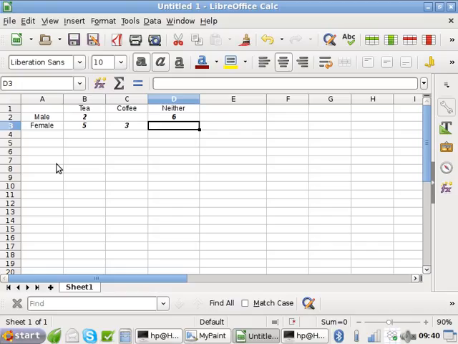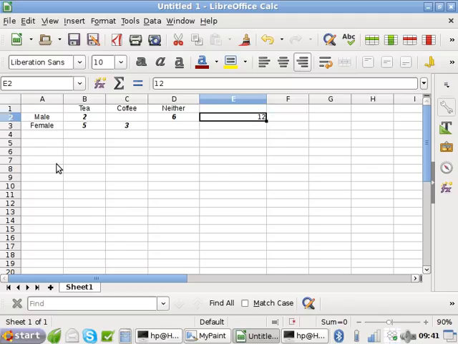But I also tell you that there are 12 men in total, but I don't tell you how many women there are. I also tell you, of course you can see that 7 people here like to drink tea.